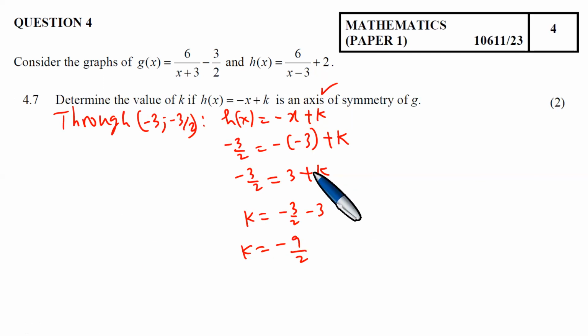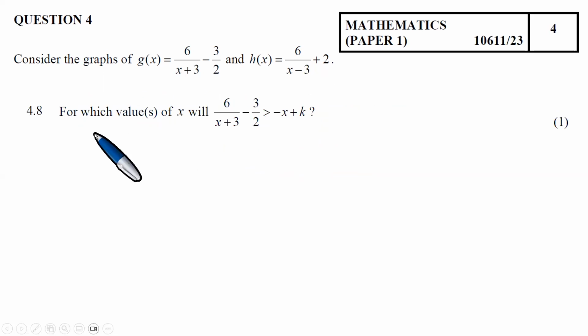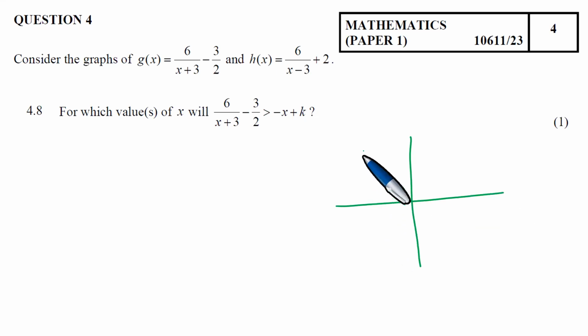Okay, next question. For which values of x will this one be the case? Right, we analyze this one in 4.8, right? So you would need some analysis of the graph very quickly. I'm gonna sketch the graph here very fast. And we have this here, it cuts through the number minus 3.